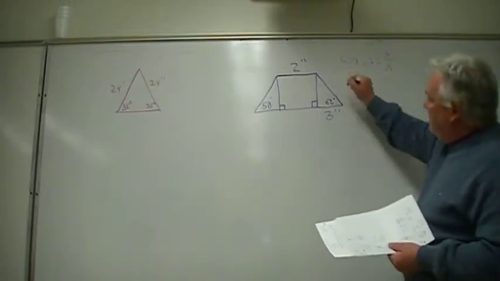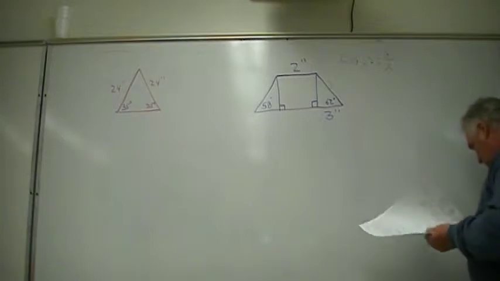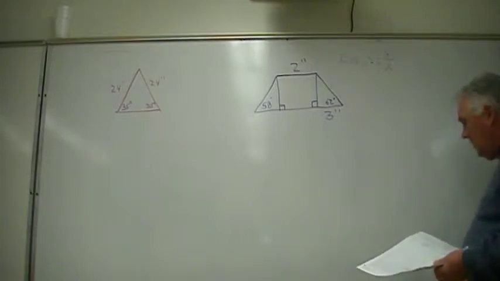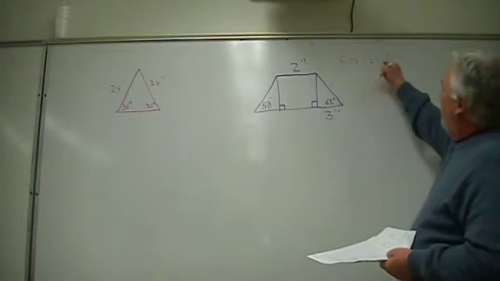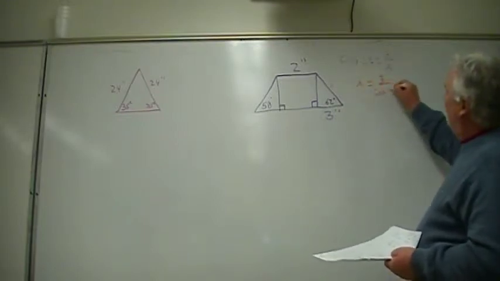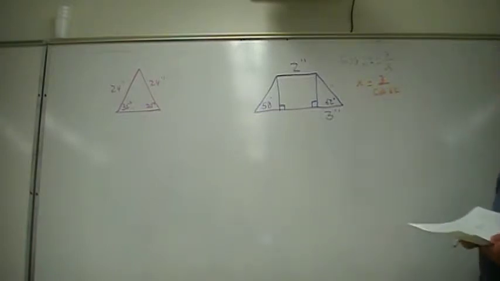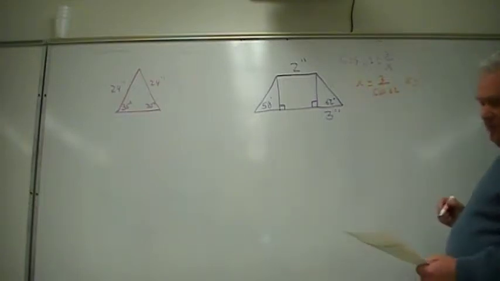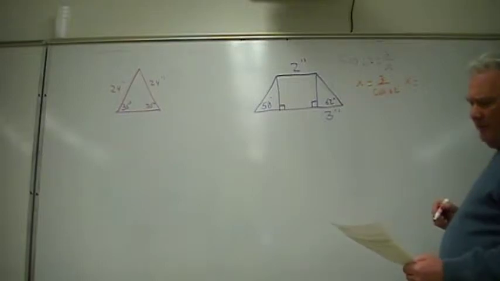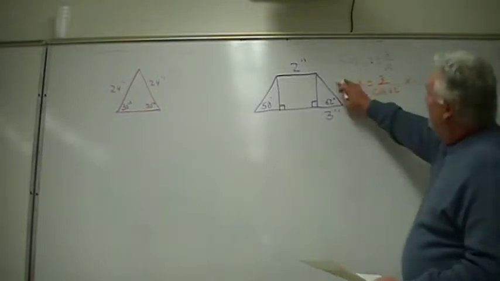And there's our x right there. So x equals 3 over cosine 62. X will equal, when we do that, 6.4 inches.